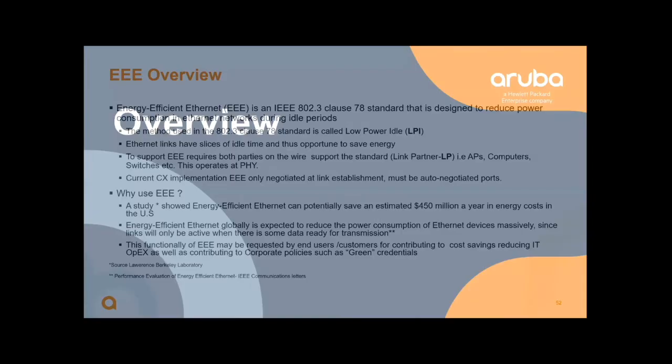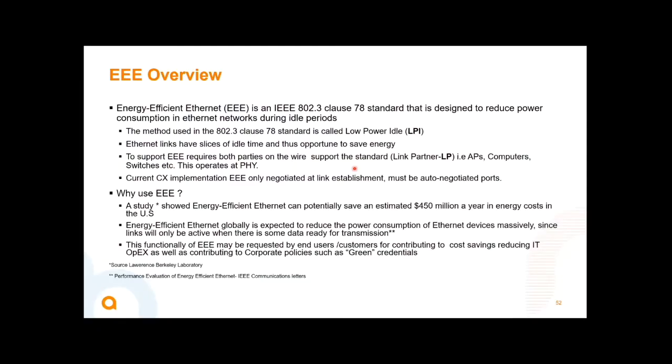So the premise of energy efficient Ethernet is actually to save power in Ethernet networks. And how do we do that? Well, believe it or not, there are slices of idle time that we can take advantage of in Ethernet networks where we can power down our circuitry and actually save energy, but also enable us to push data out at the same time.